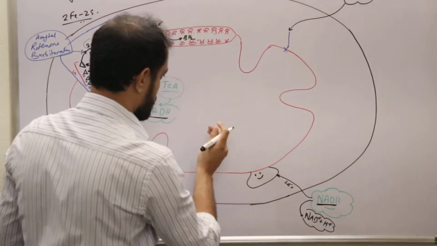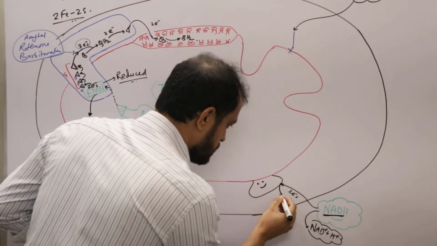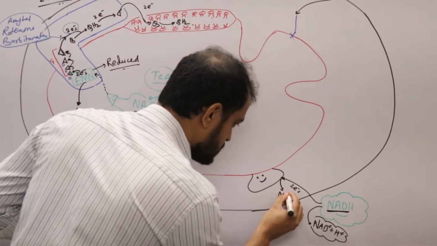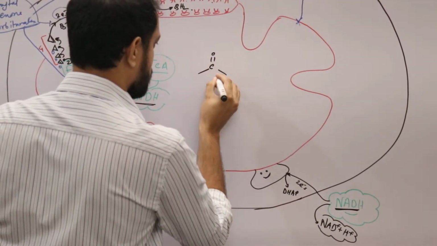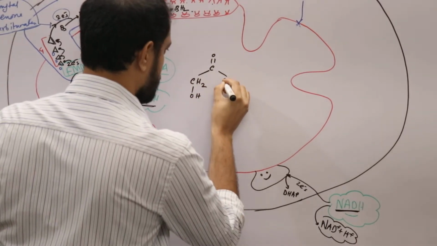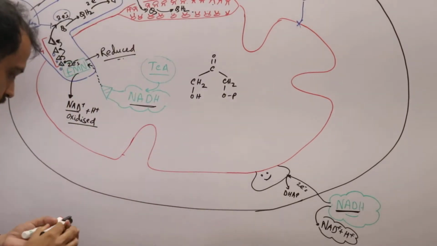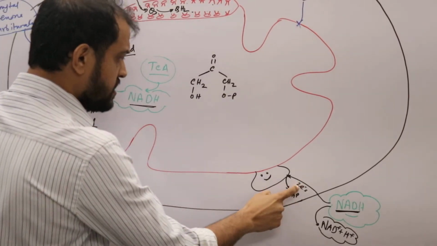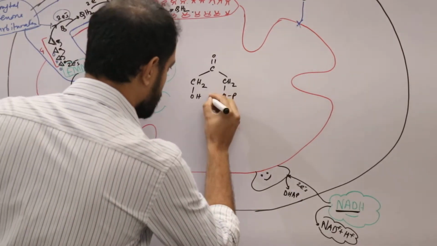Now listen. Suppose this is your dihydroxyacetone phosphate, okay? Suppose these 2 electrons are now transferred to dihydroxyacetone phosphate.